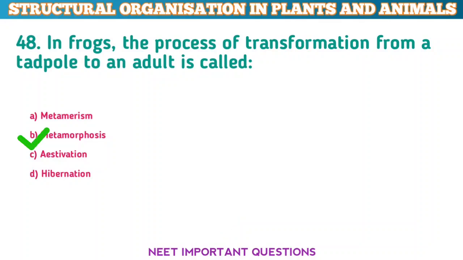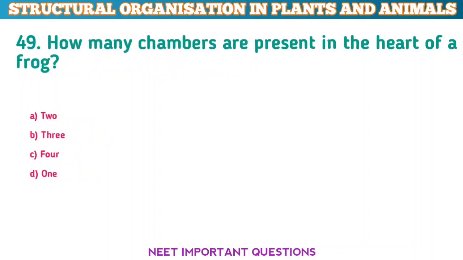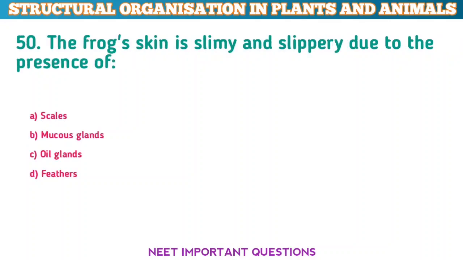B. Metamorphosis. 49. How many chambers are present in the heart of a frog? Answer. B. 3.